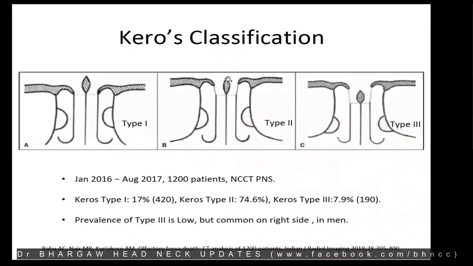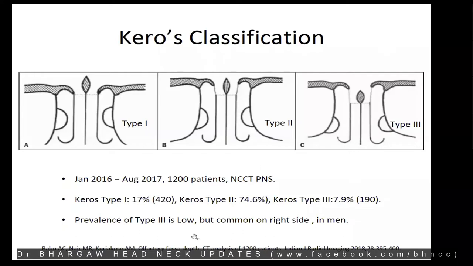The other thing is the Keros classification. One thing we need to keep in mind is which type is more common. We all know the type 3 Keros is more prone to injury during endoscopic sinus surgery.